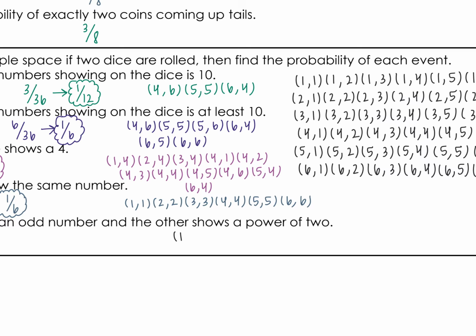So we have one odd number, and the other is going to show a power of 2. So we've got our 1, 1. We have 1, 2. Then we have 1, 3. 1, 4. And 1, 5. Okay, then moving into my 2s, we'll have 2, 1. 2, 3. And 2, 5.